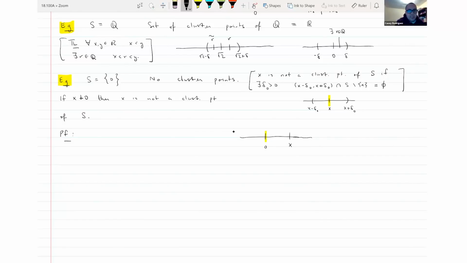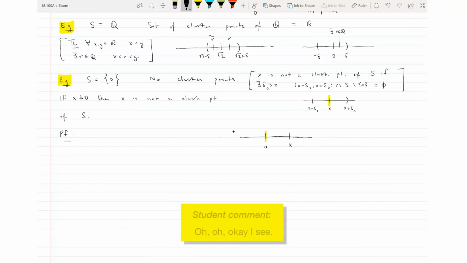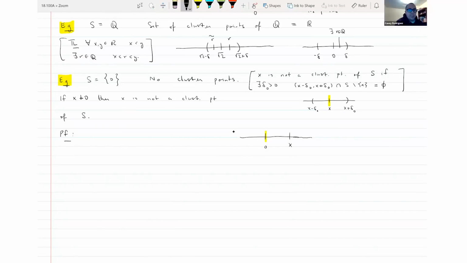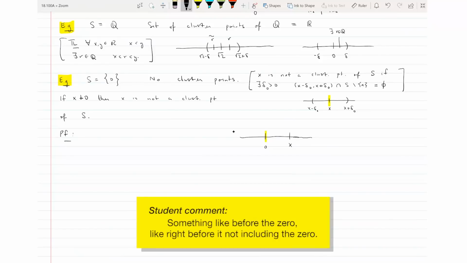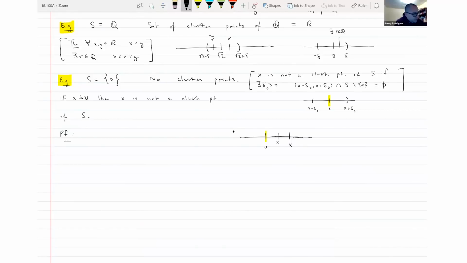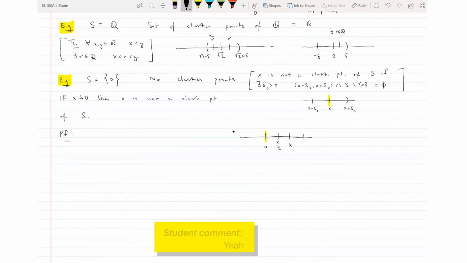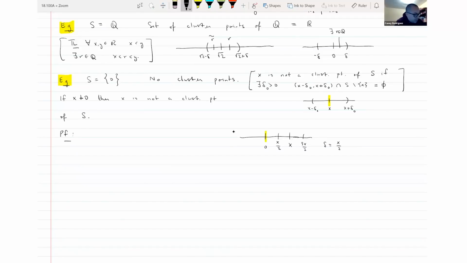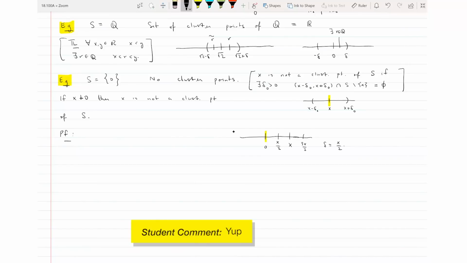S is what's highlighted. There is an interval around X that doesn't contain any S. So like X over 2, 3X over 2, meaning delta equals X over 2, at least for this picture. Okay, and that's essentially the proof.